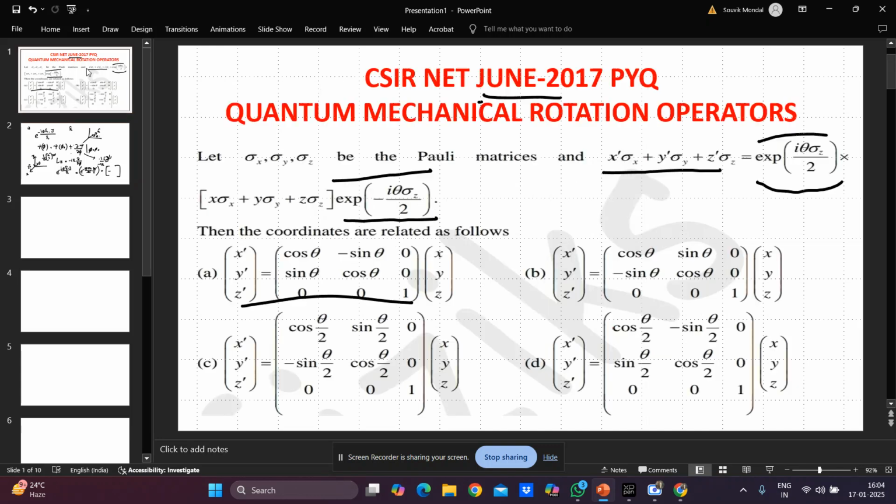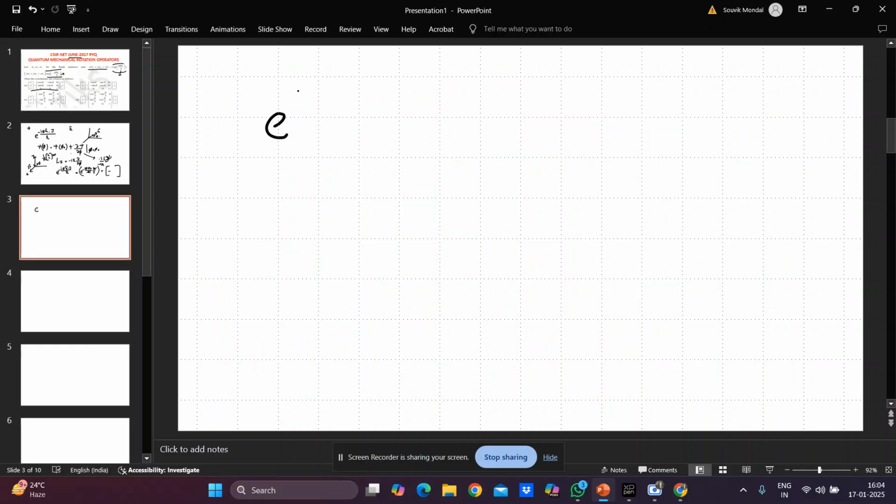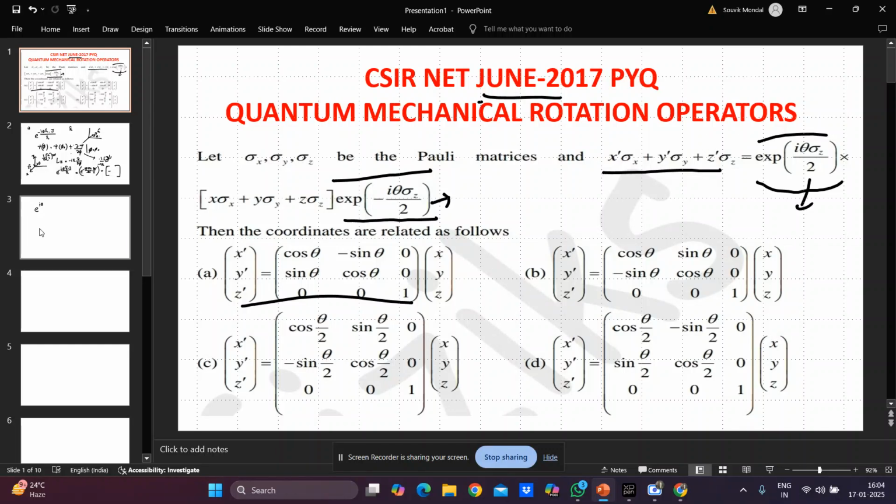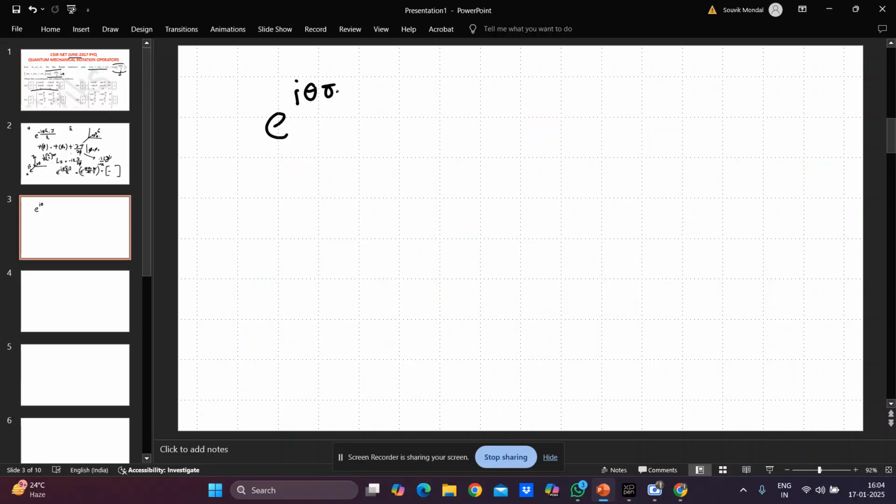Now in this question you don't need all this information. You simply have to evaluate what these quantities are. They already give you the first quantity, e to the power i theta sigma z by 2. Now you have to be careful about a few properties: sigma z square is simply the identity matrix.